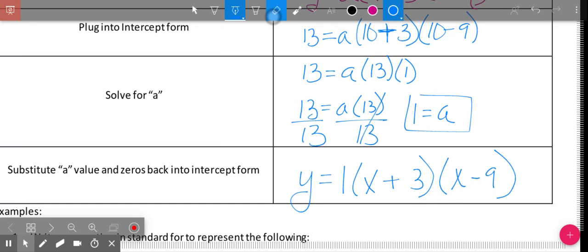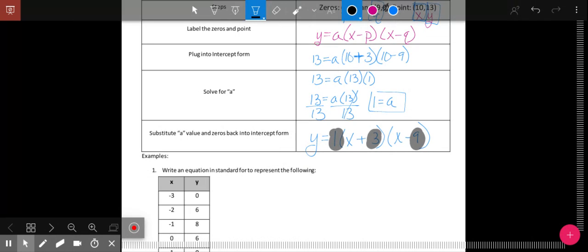Notice that I still needed that p and the q value, and I need my a value. The x's and the y's stay the variables. We don't change those. And that's very similar to what we did yesterday, only now we're using intercept form. So we're just plugging in some new variables.